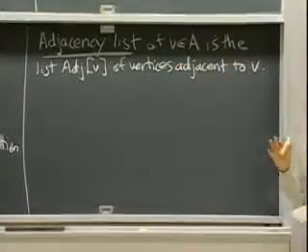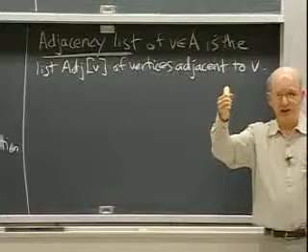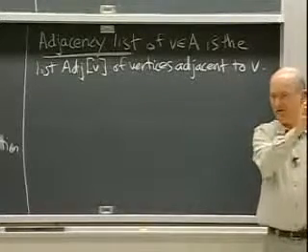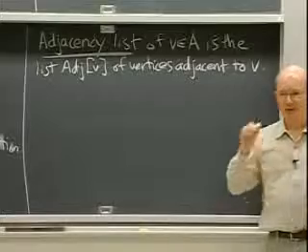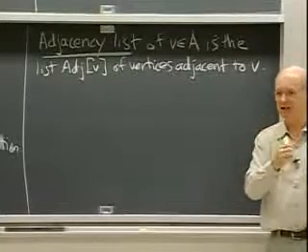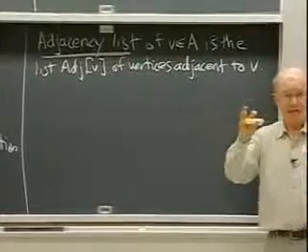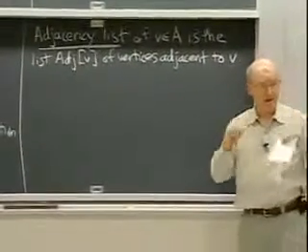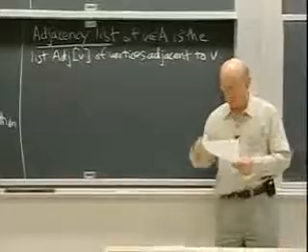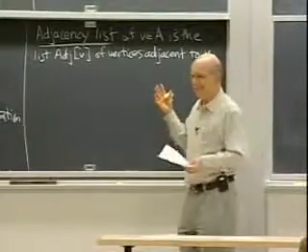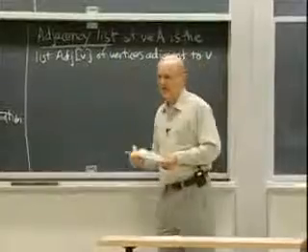Just in terms of their terminology, vertices are adjacent, but edges are incident on vertices. So incidence is a relation between a vertex and an edge. Adjacency is a relation between two vertices. That's just the language. Why they use two different terms, I don't know, but that's what they do.